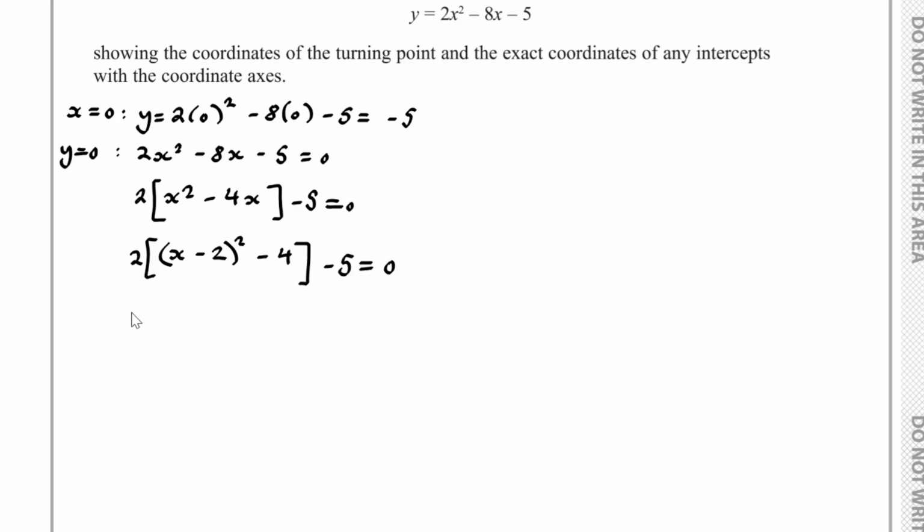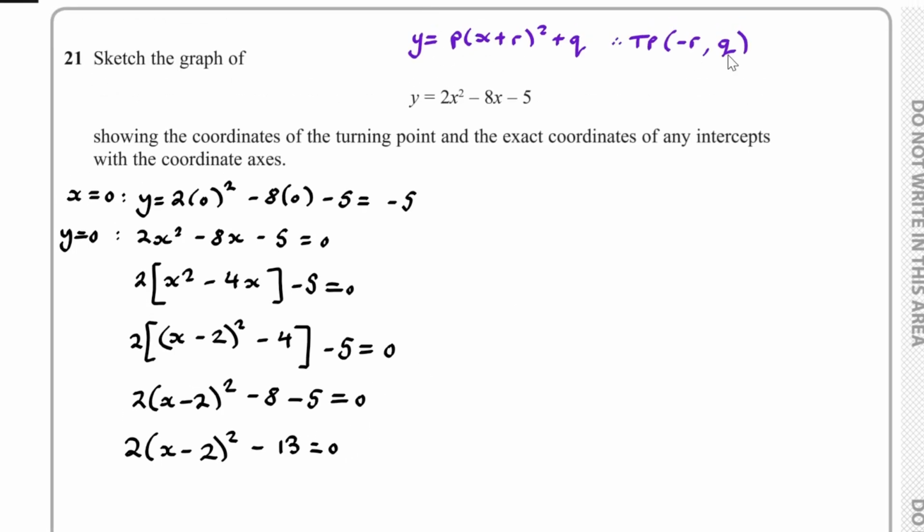And if we expand out, we have 2 lots of x minus 2 all squared minus 8 minus 5 equals 0. So we have 2 lots of x minus 2 all squared minus 13 equals 0. Now the reason this will help us is because if we compare this with what we had over here, you can straight away see that the coordinates of the turning point have coordinates 2 minus 13.